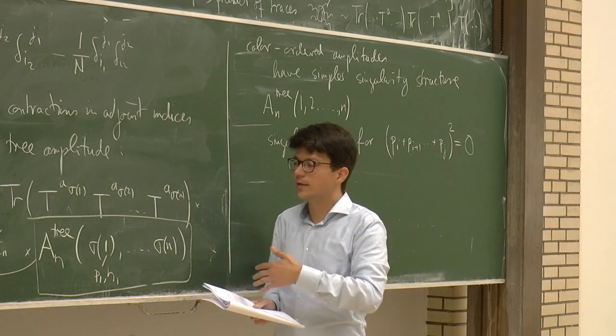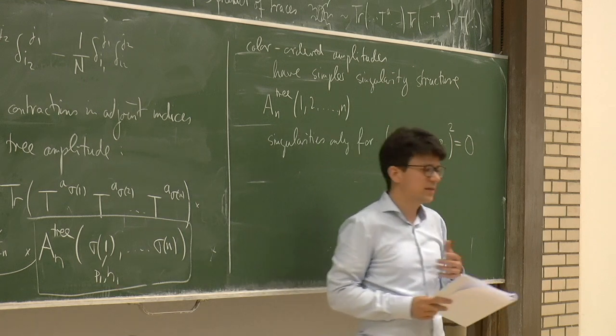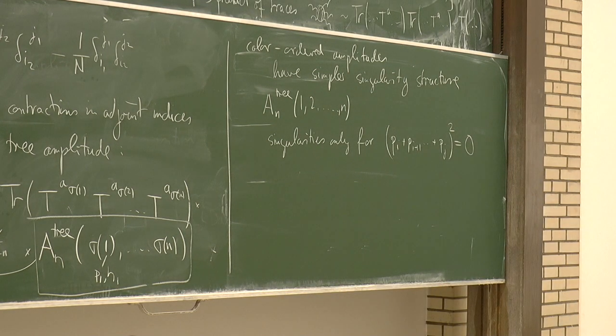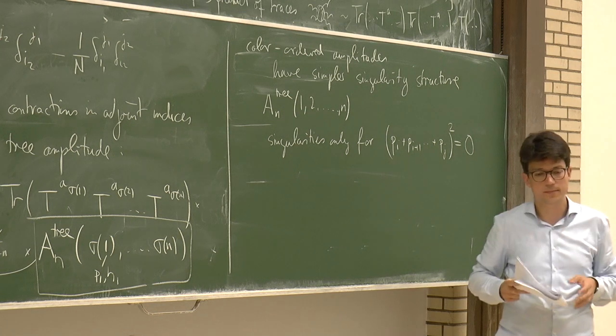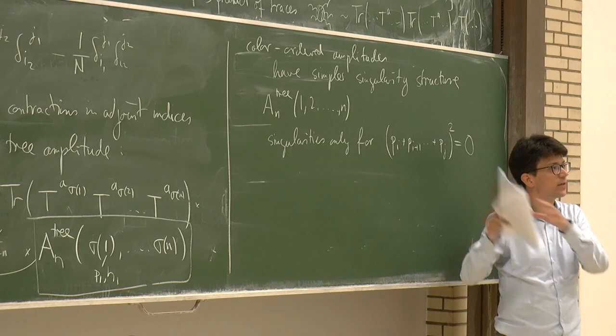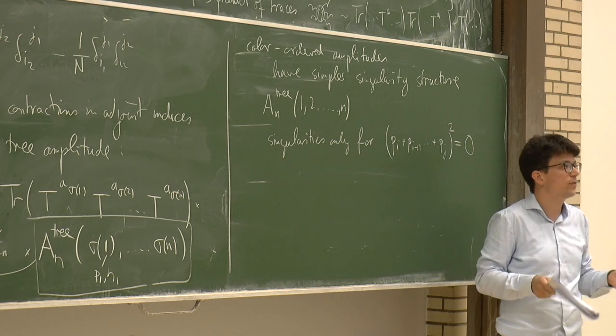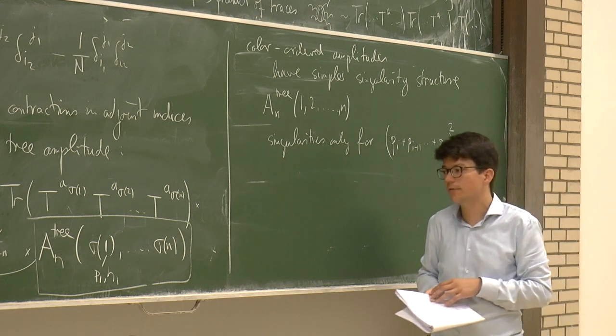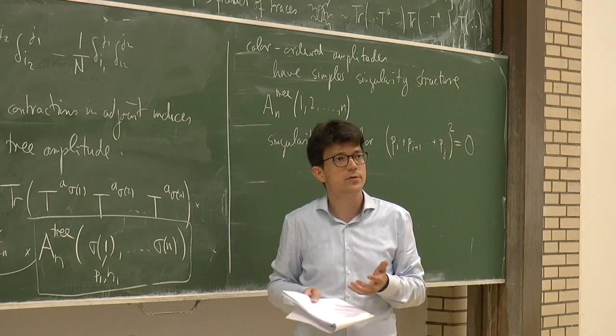I'd like to even bypass this step, because with development of new ideas, sometimes we don't even need the Feynman diagrams anymore. In fact, we'll see a way of computing this MHV formula for all number of particles n that I had earlier without actually going through these color-ordered Feynman diagrams.